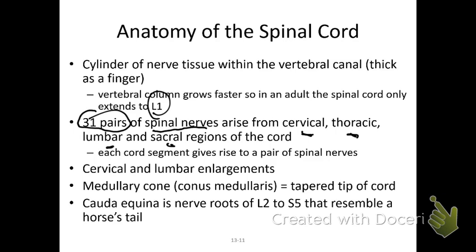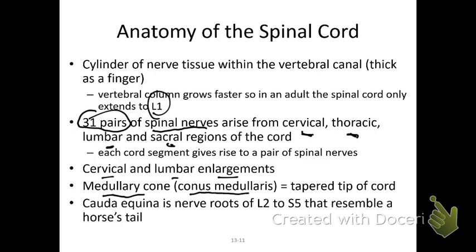The spinal cord is not a perfect thin cylinder. There are a couple of places where it enlarges, and that's in the cervical region and down to the lumbar region. Where the spinal cord itself tapers off and comes to an end, there's a pointed structure, sort of like the tip of a sharpened pencil, and that is referred to as the medullary cone, or in Latin, the conus medullaris.